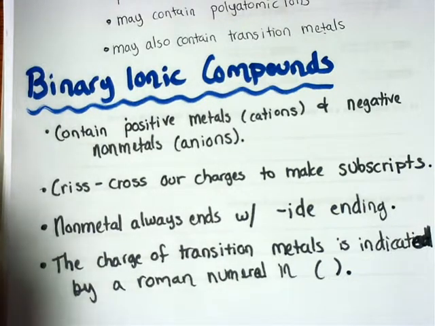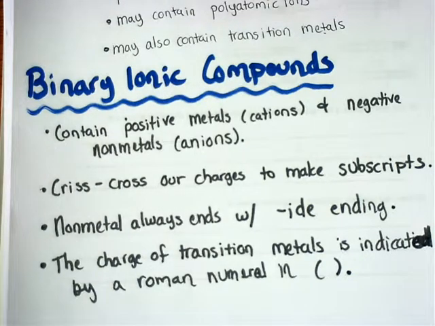So let me show you with some examples on how we're going to work on naming these things or writing the formulas of these things. So you can copy down several examples.